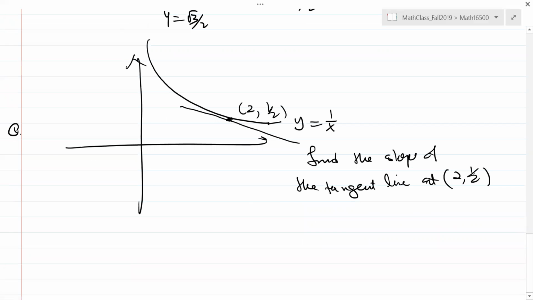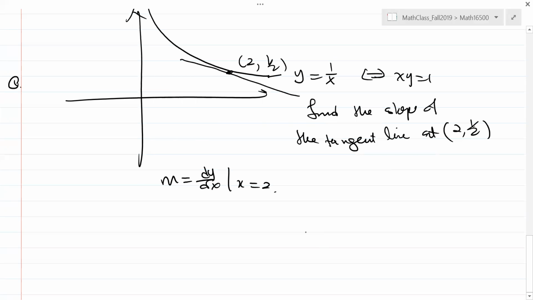Well, this equation y equals 1 over x is the same as x times y equals 1, right? To find the slope, you just need to find m equals dy/dx when x equals 2. At that time, when x equals 2, y must be equal to 1/2. That's all you need to do, right? But then you view y as a function of x, then you differentiate both sides with respect to x.